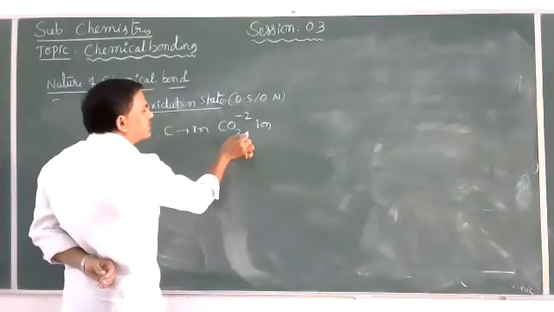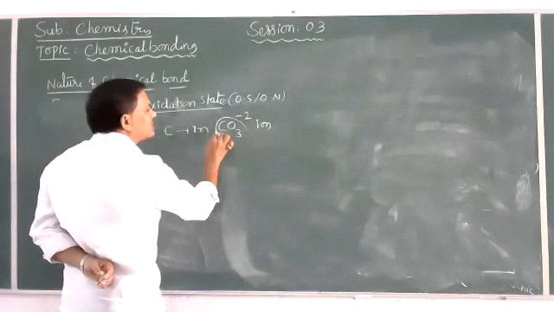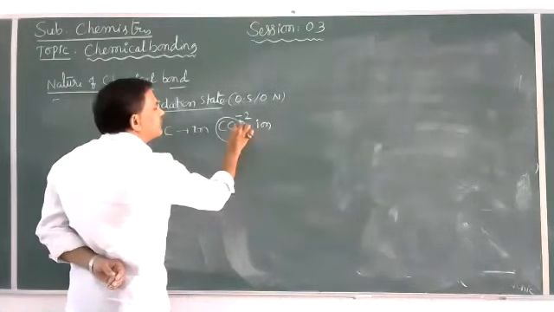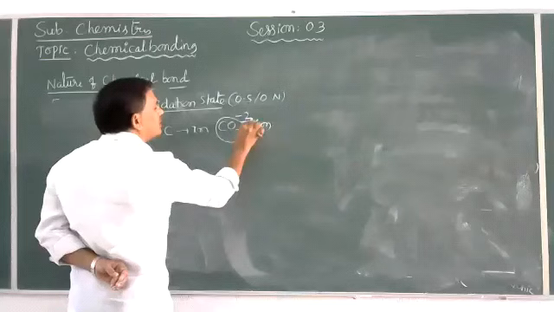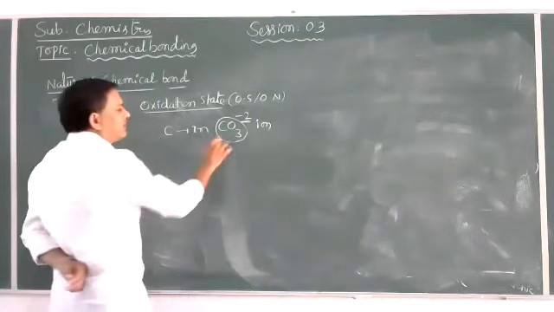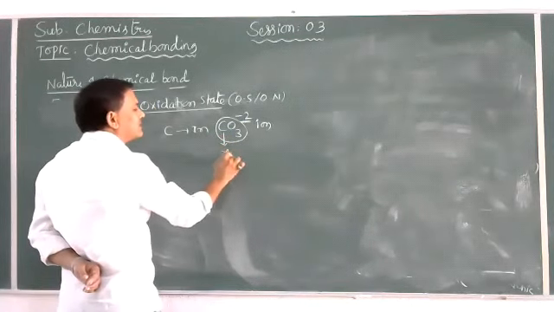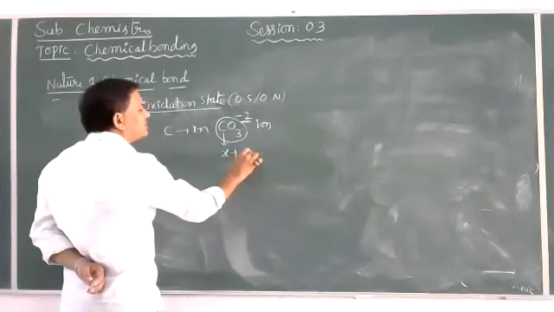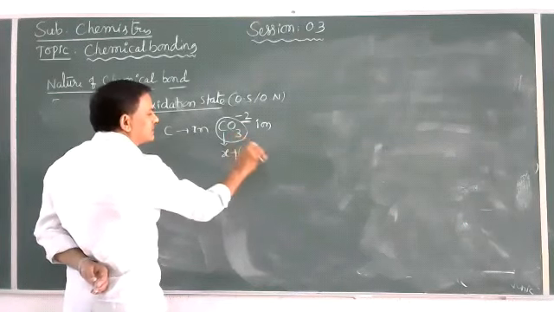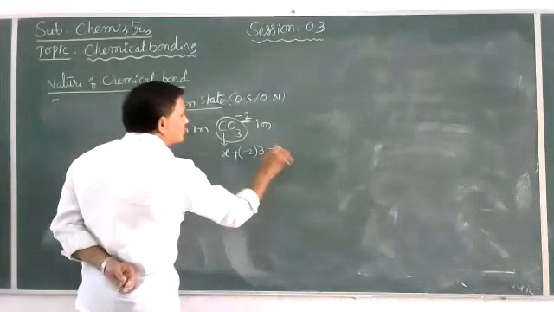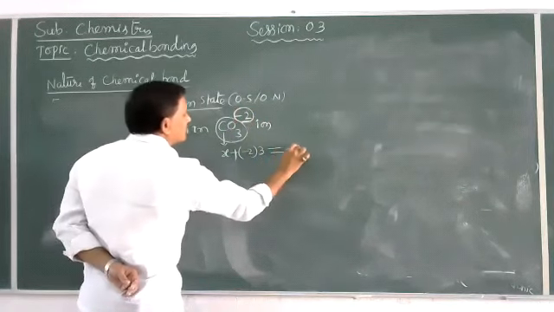the sum of the oxidation states of each and every element present in a species is equal to the whole charge. Carbon we don't know, that's why let us consider x. Oxygen is minus 2, as in a general oxide, and 3 are there, equal to the charge, minus 2.